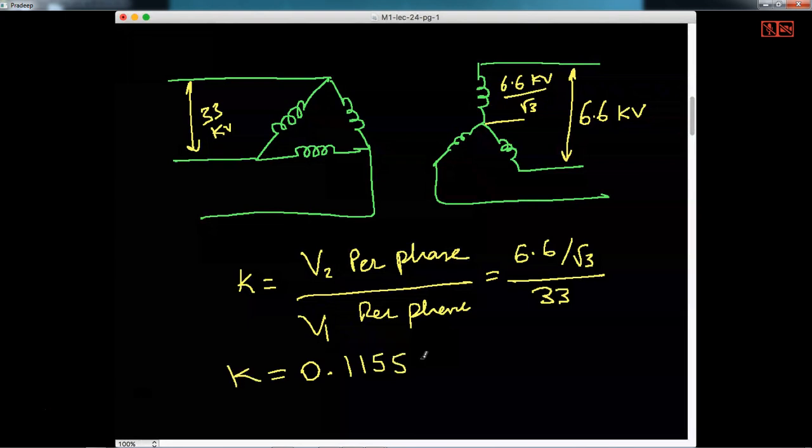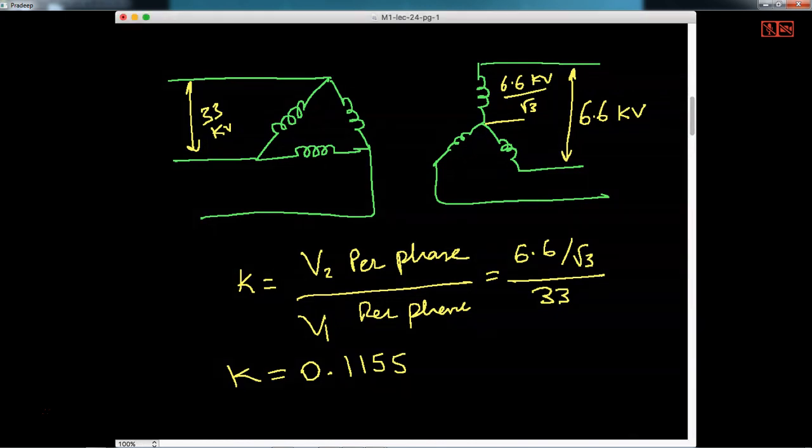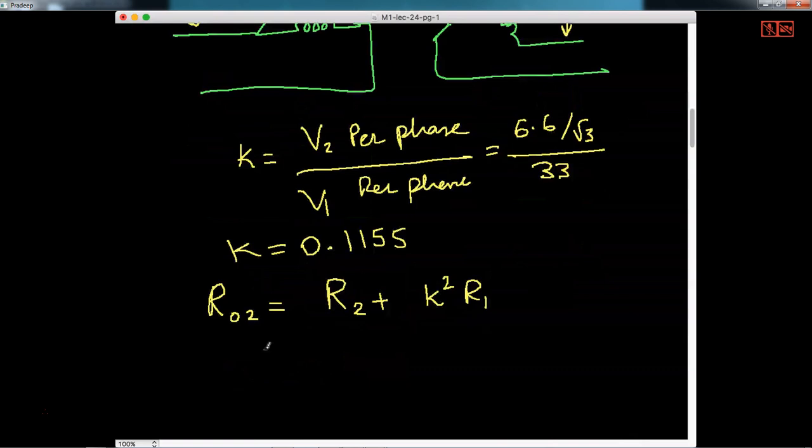Next, I want to find out the resistance R02. How to get the resistance? Simply R02 is nothing but R2 plus K squared into R1. I want to refer the entire resistance to the secondary side.